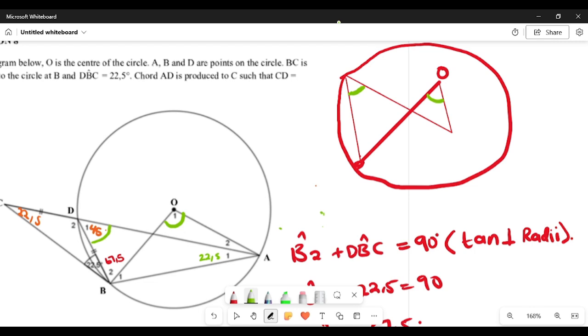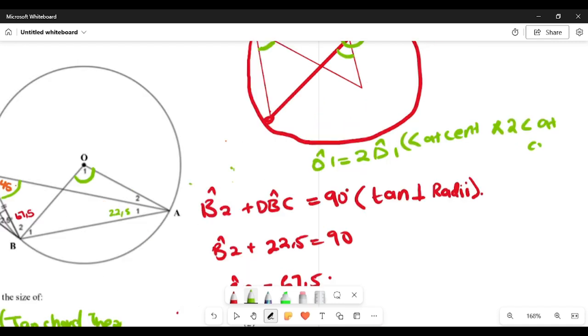So here I would start by mentioning that O1 is going to be 2 times angle D1, and my reason would be angle at center is 2 times the angle at circumference. As a result, remember D1 is 45, so O1 would be equal to 45 times 2, which is equal to 90 degrees.